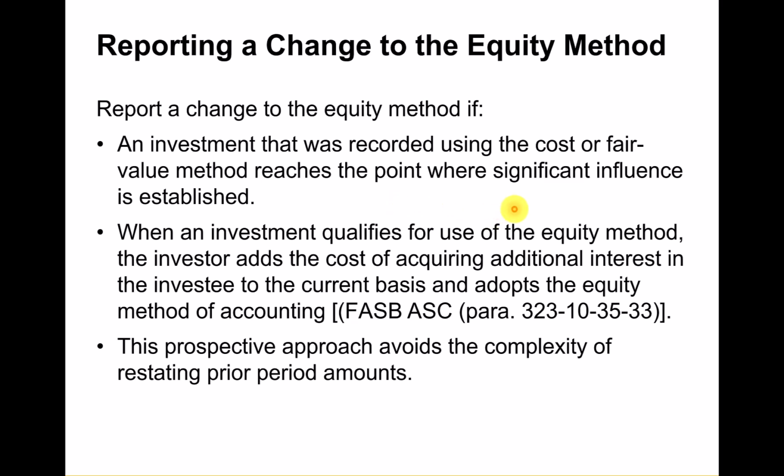So initially, you're going to record things at cost and eventually adjust it to fair value if you have that less than 20% interest. But now when you get more than that 20%, you're going to switch over to the equity method. Here it mentions prospective. You only from that point forward would apply the new rules. Anything in past periods, you do not restate them for the new rules.